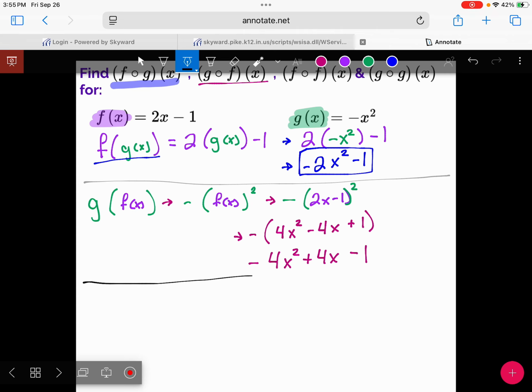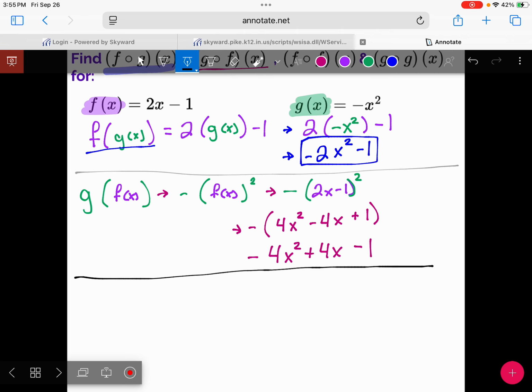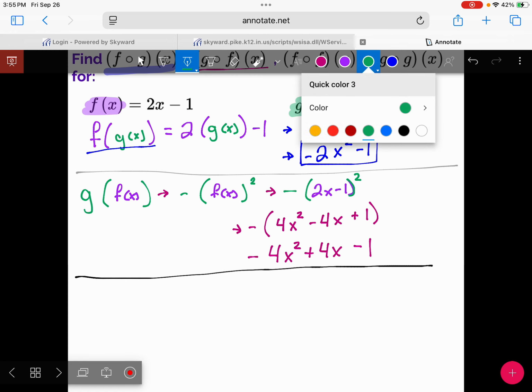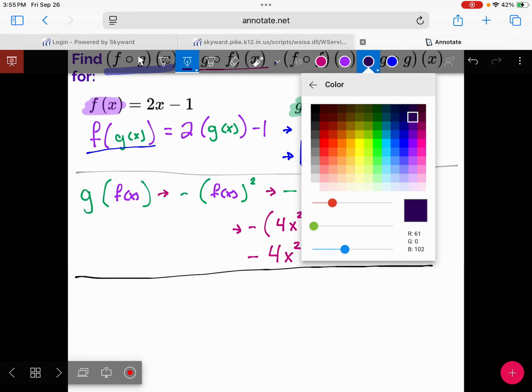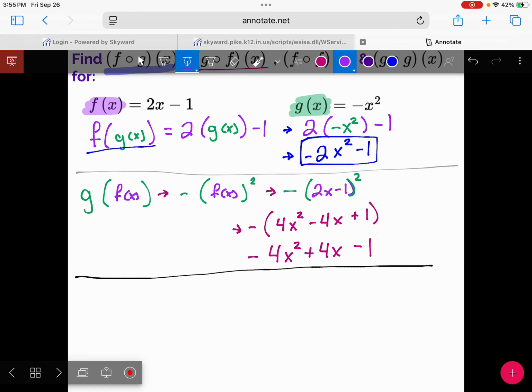So the next thing we're asked to do here is a little bit awkward, it feels like, because we're going to do our f of f of x. So we're going to put f of x inside of itself. I'm just going to grab myself a slightly different purple so that I can take my f of x and I can substitute in f of x inside. So what I'm going to do is I'm going to have my 2x, but instead of x, we're going to put f of x in here. Minus 1.